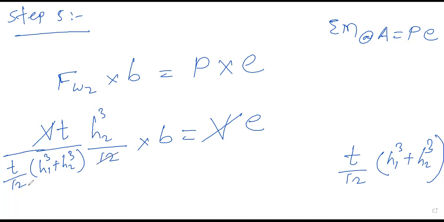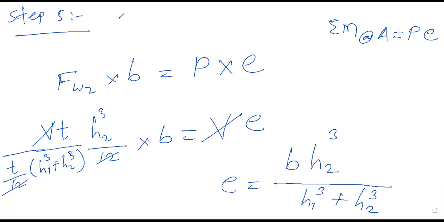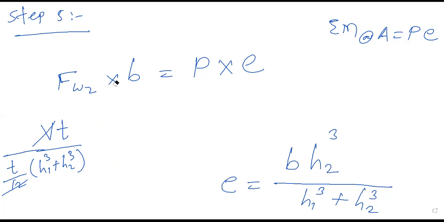I think 12 also gets cancelled. So remaining is e is equal to b h2 cube divided by h1 cube plus h2 cube. So this is the value of your shear center.